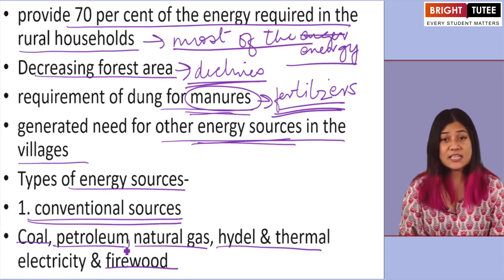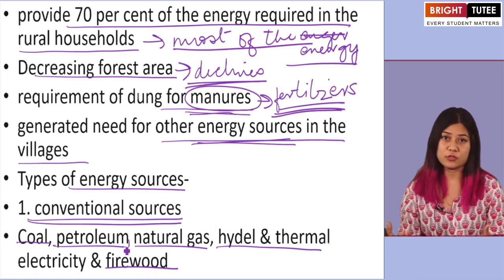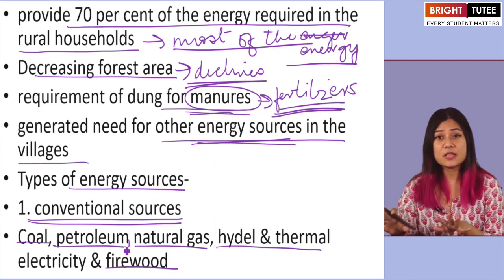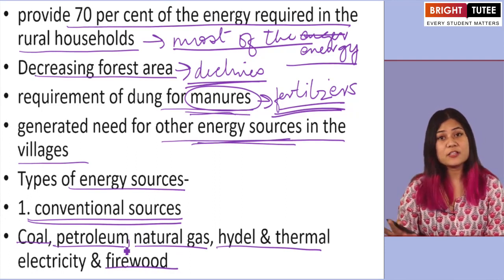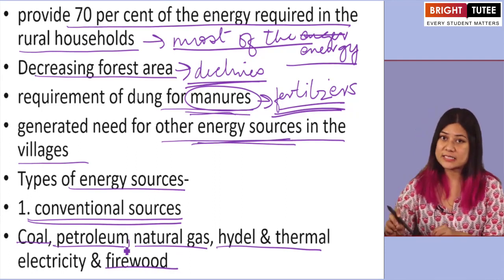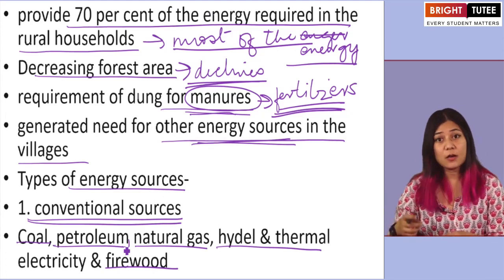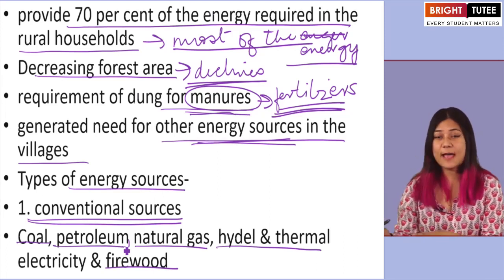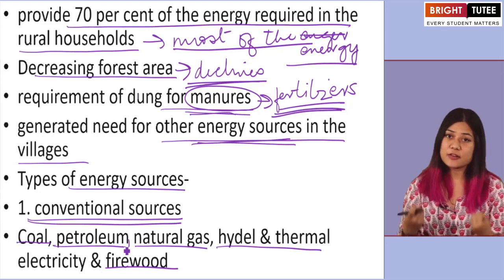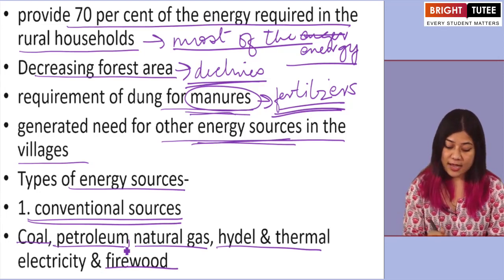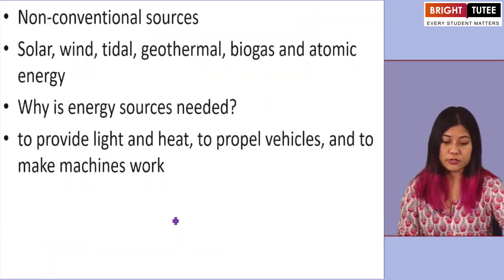Now these are naturally found. They're found in nature. These are conventional sources. They have been existing on the planet for a long time, and they have been used as energy sources. So they are called conventional sources.